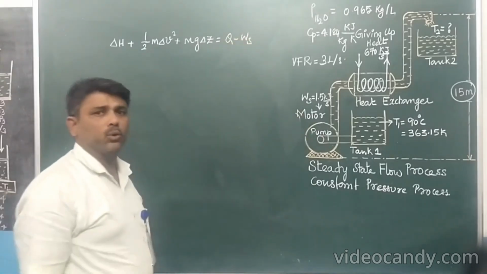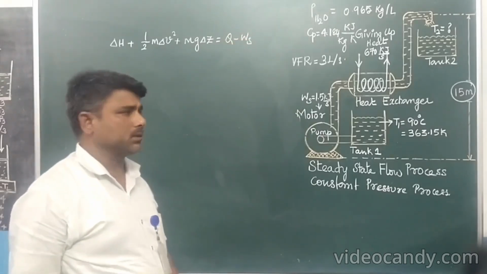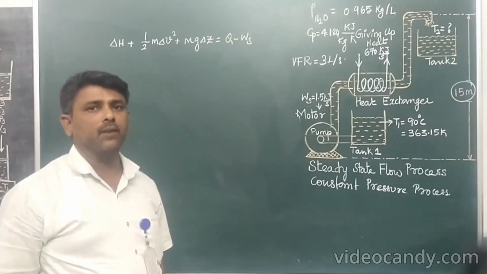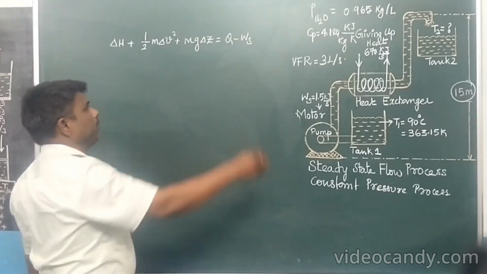Q stands for the amount of heat added to the system or removed from the system, and Ws stands for shaft work. Okay, now I am going to find them one by one.